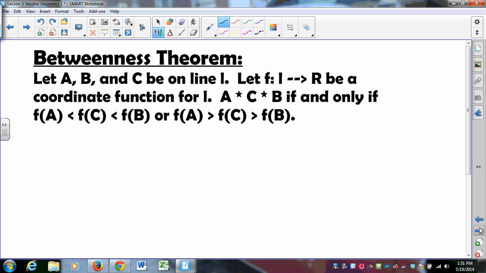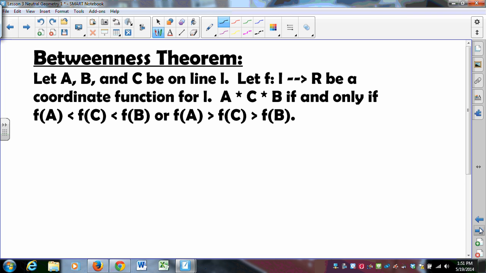One more thing in this section. The Betweenness theorem, which means it can be proven, and we should probably do that when we gather, but at least I'll give you a chance to take a look at it. We're going to let A and B and C be on line L, and we're going to let f from L to the real numbers be a coordinate function for L. We say that C is between A and B if and only if f of C is between f of A and f of B, in increasing or decreasing order.